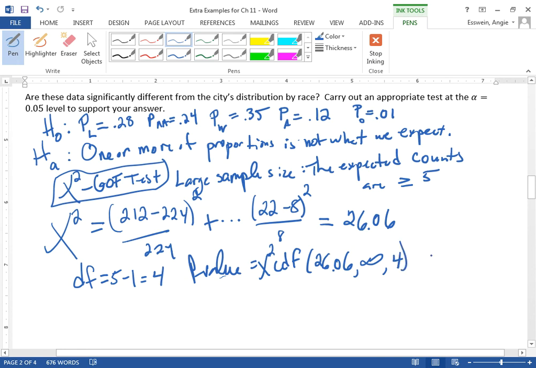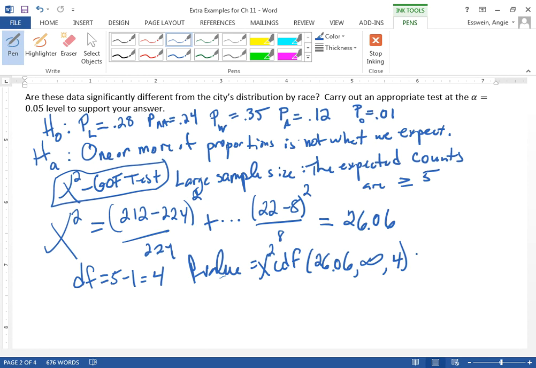You have to say how many degrees of freedom because the shape of the distribution is different depending on the degrees of freedom. So you're going to get something with a negative exponent that's going to be pretty small. Anyone have it? 3 point.